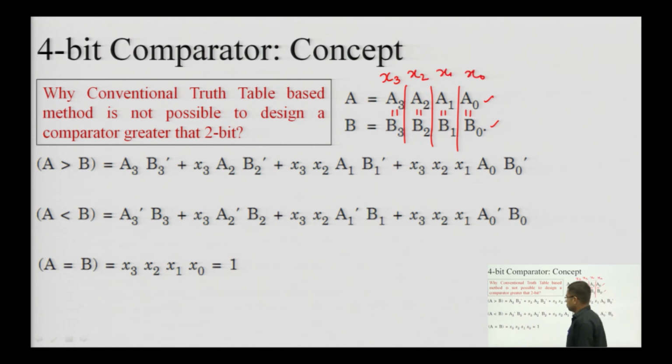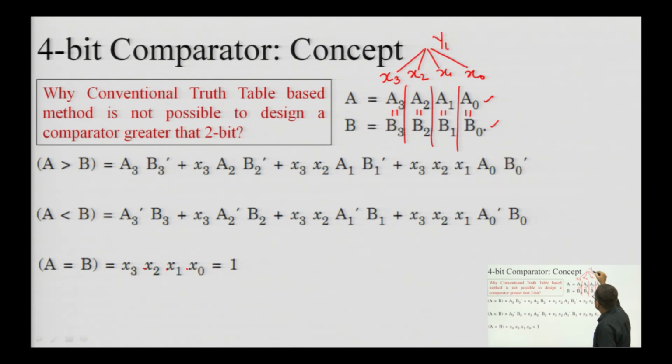So, these x3, x2, x1 and x0, if these 4 values are identical, that means the equal outputs, ye, of these 4 individual 1-bit comparators are denoted by x3, x2, x1 and x0.